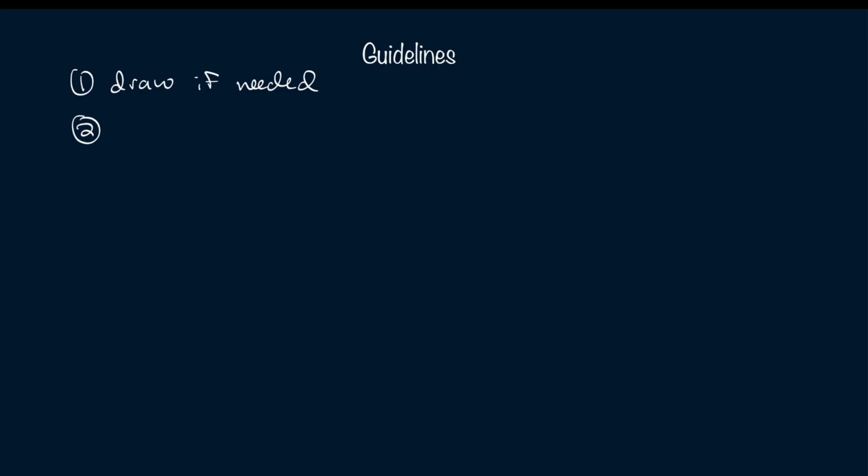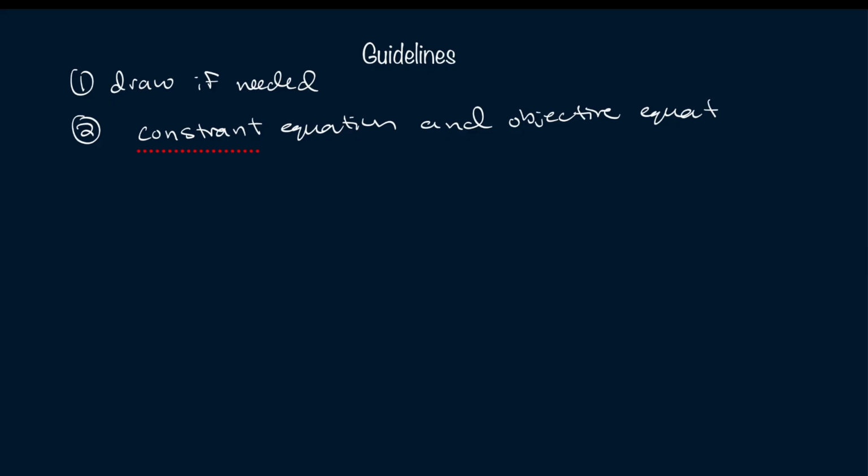Number 2, you are going to find a constraint equation and your objective equation, which might seem a little confusing right now, but we're going to go over it when we do all of the problems.